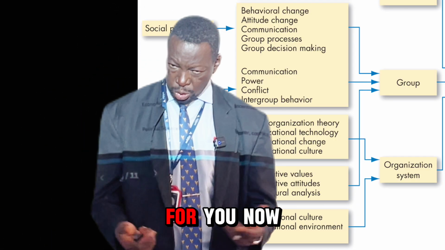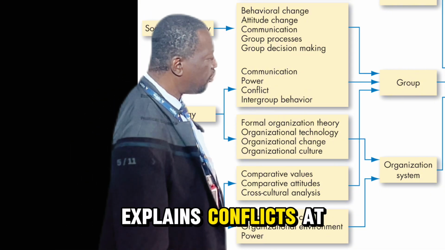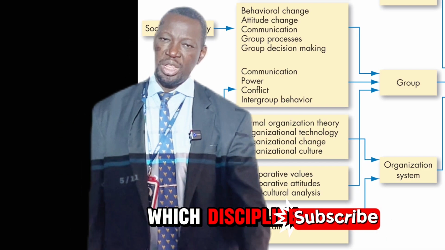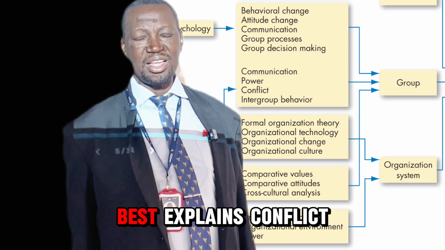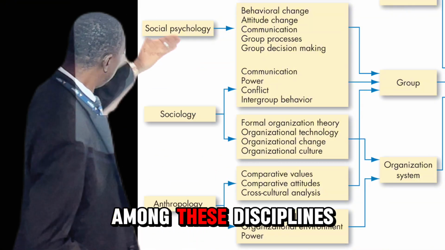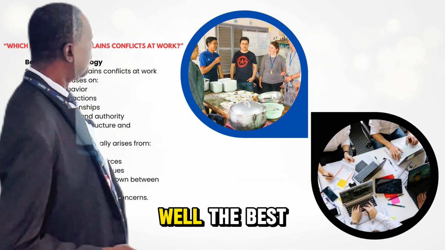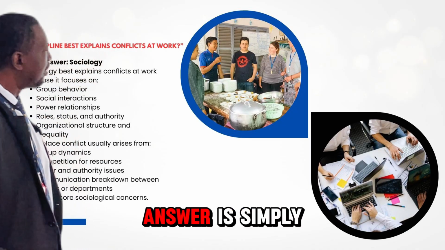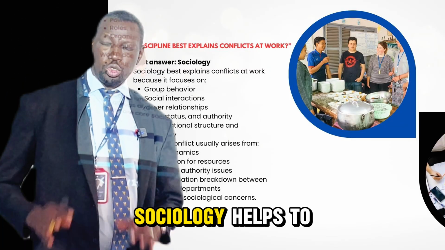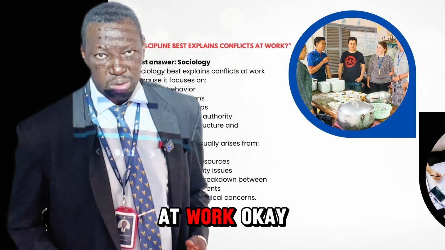So the question for you now is, which discipline best explains conflicts at work? Which discipline do you think best explains conflict at work among these disciplines? Well, the best answer is, simply put, sociology. Sociology helps to deal with conflict at work.